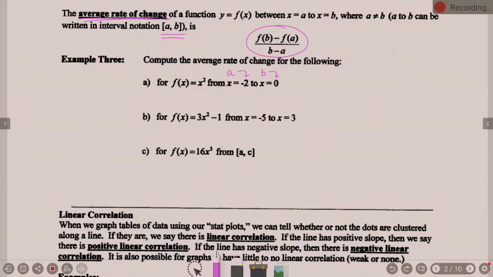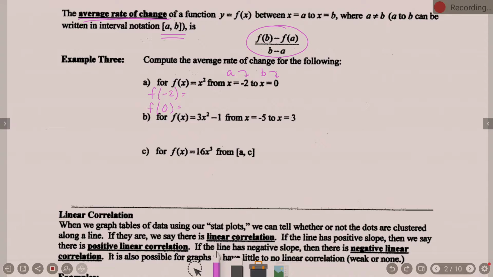Technically, a is smaller than b, so b is your bigger value. In reality, it's not going to really matter. Now, I know a and b. I also need to know f of a and f of b to do the top of this. So let's find f of negative 2 and f of 0.